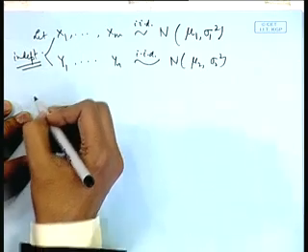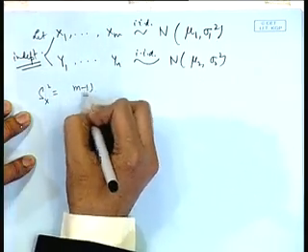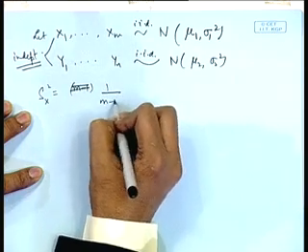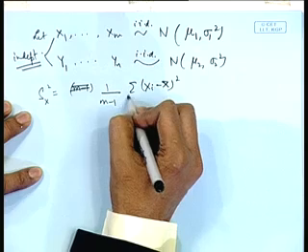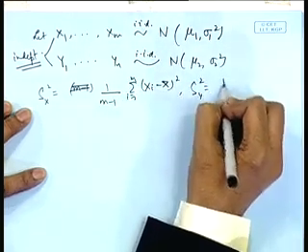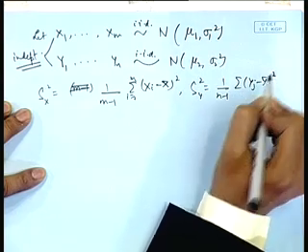Let us define the quantities Sx square as 1/(m minus 1) sigma (Xi minus X bar) square, i equal to 1 to m, and Sy square as 1/(n minus 1) sigma (Yj minus Y bar) square.